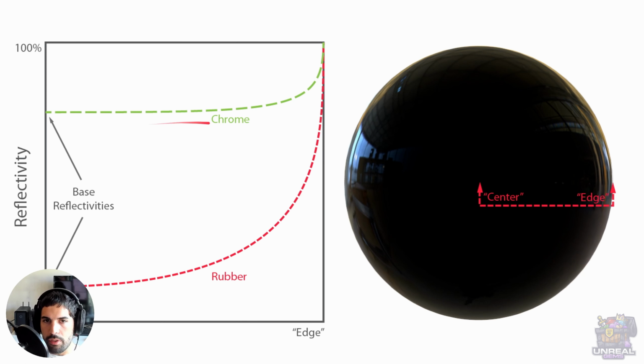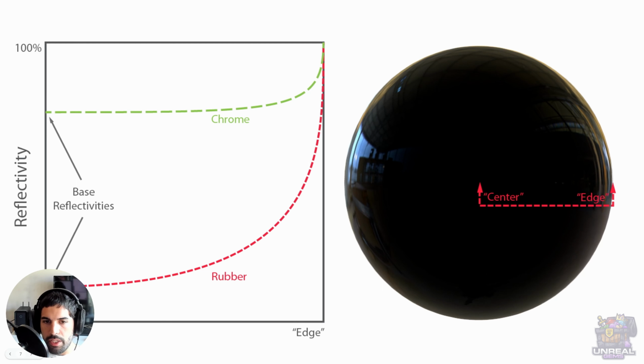You can see here, for example, for a chrome ball, how reflectivity evolves from the center to the edge. You can see that it starts at 75% more or less, and it will go up until the most extreme angle to camera. So the camera rays will be parallel to the surface, where it will have the most reflectivity.